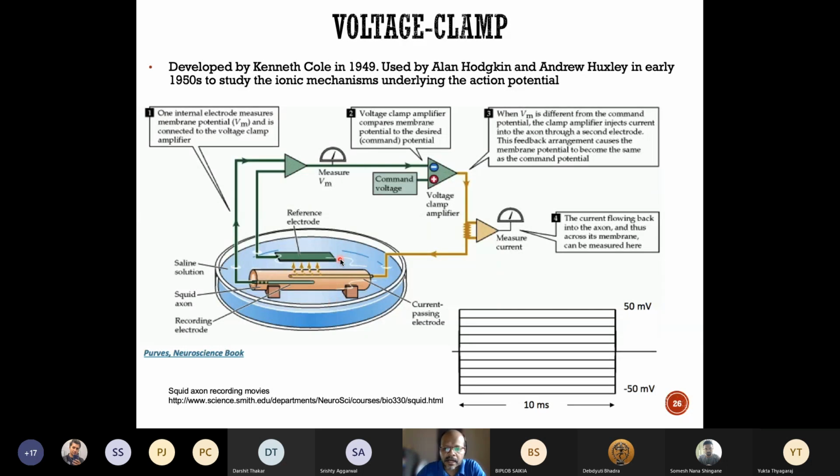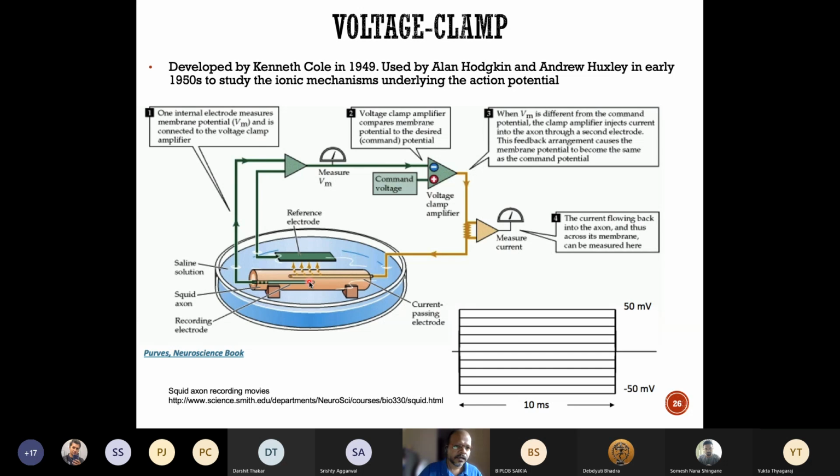As you have this voltage across the membrane, ion channels are going to open and close and do weird things. So the conductance is going to change and so is the current. I want to measure all that current. That is what a voltage clamp lets me do. To do this, I first of all need a very big neuron, a big axon to be particular, in which I can insert two electrodes, not one, but two.